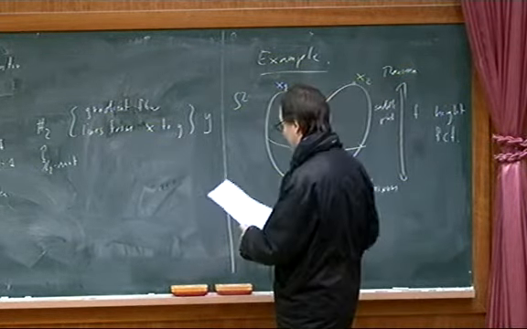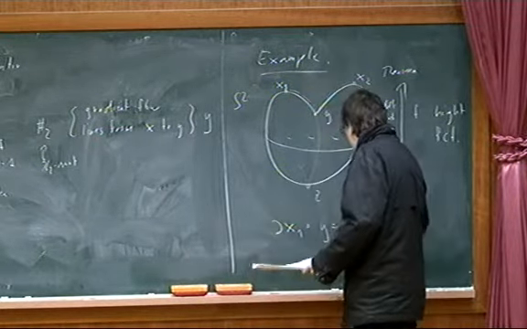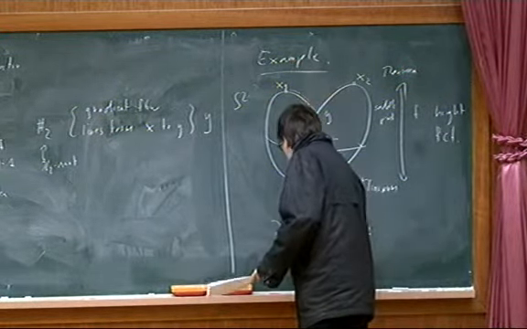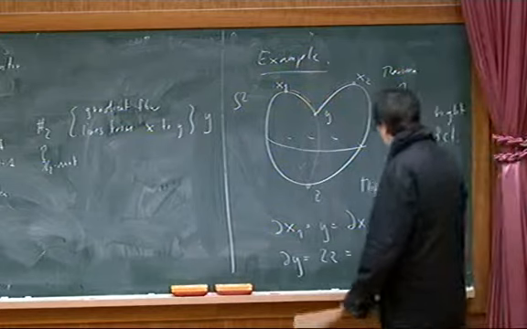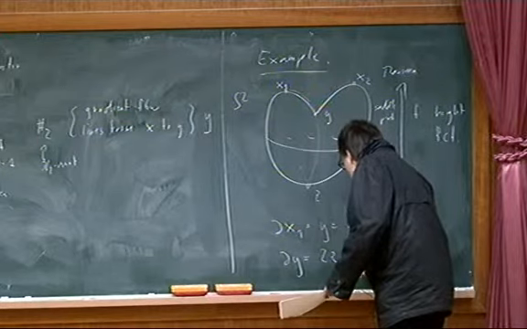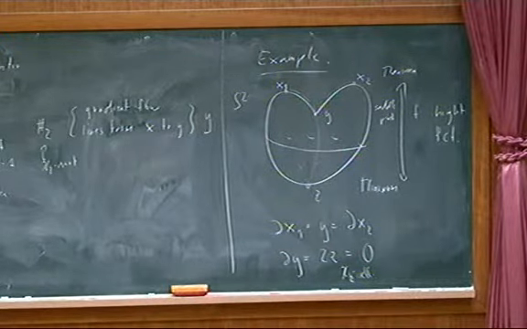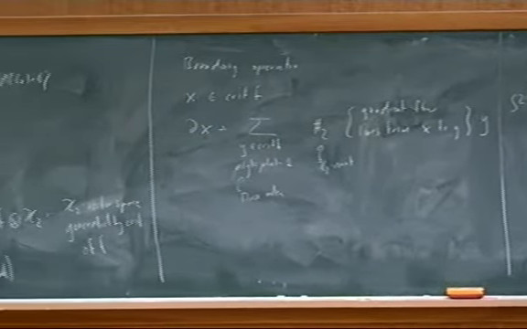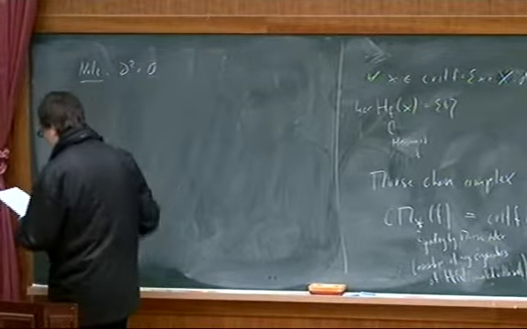This means that the boundary of x1 equals the saddle point, which also equals the boundary of x2, and the boundary of y equals 2 times z, but since we work with Z2 coefficients, that's just 0. And in particular, what you see is that this boundary operator d satisfies d squared equals 0.